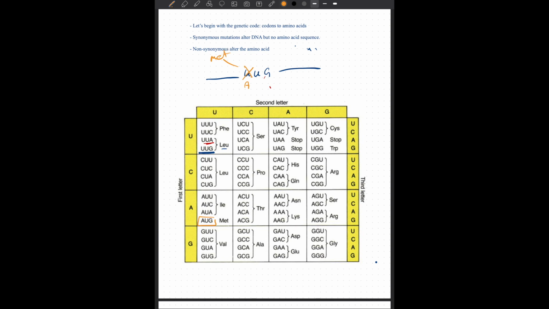Now you've changed the amino acid, so that's a non-synonymous mutation, and potentially when that amino acid chain, that polypeptide, folds into a protein, you may change the functionality of that protein. And if you change the functionality of that protein, you may change the fitness of the individual.